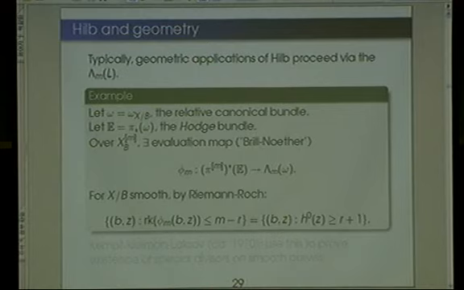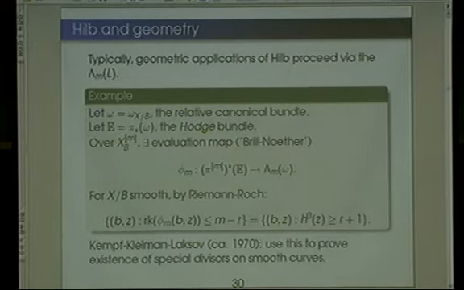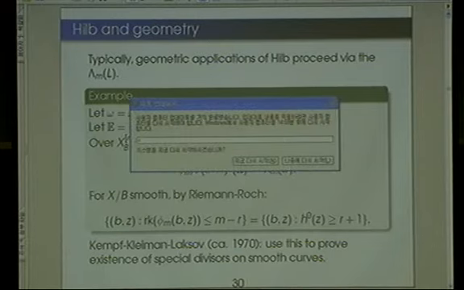So the locus where the map drops rank by an amount of R is precisely the locus where the linear system has dimension at least R plus 1. And in some very famous classical work from the 1970s by Kempf, Kleiman, and Laksov, they use this setting, this mapping, and properties of some computations involved with this mapping and Chern classes and so on to prove the existence of special divisors.